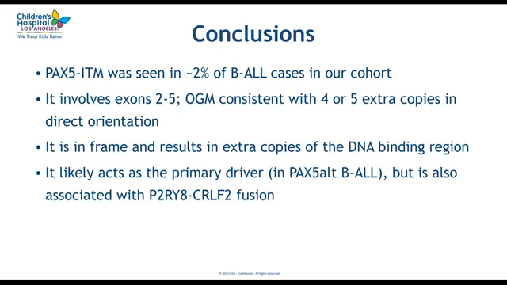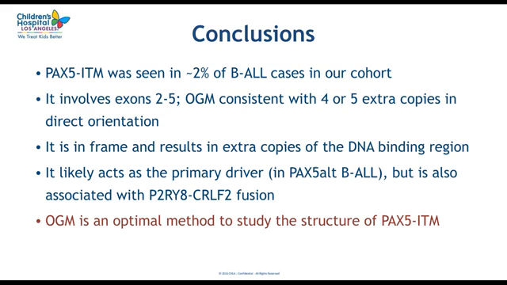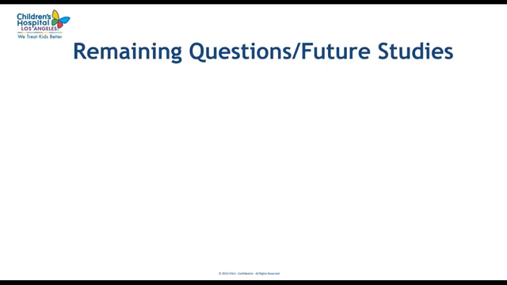And it seems to act as a primary driver because it seems mutually exclusive with other genetic drivers that define subtypes of B-ALL. But it shows this very interesting association and synergism with P2RY8::CRLF2 fusion. And finally, we verified that optical genome mapping is indeed a very good method to study the structure of this abnormality.